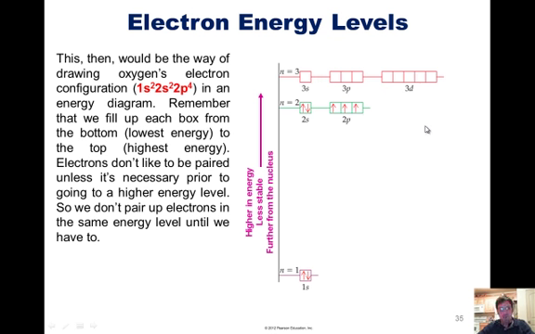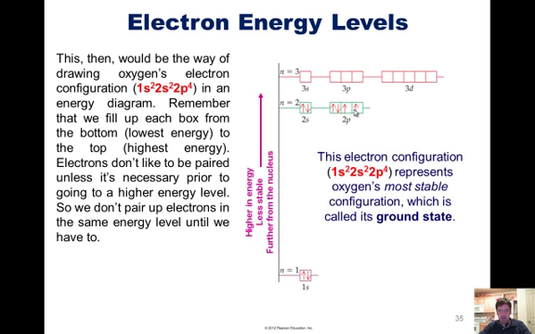It's much more stable to stay paired up, even though electrons don't like to be paired up because they tend to repel each other. Thus the 4th electron does pair up and ends up here in this 2p orbital shown here. This electron configuration, 1s2, 2s2, 2p4, represents oxygen's most stable configuration, which is called its ground state.